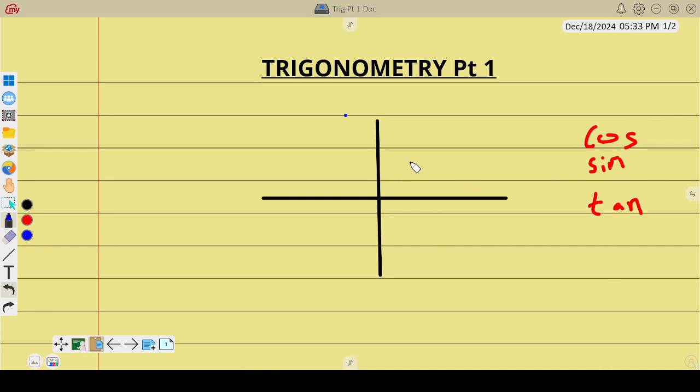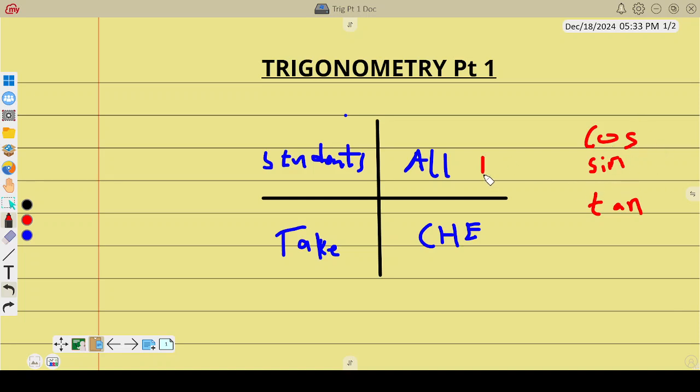So our mnemonic would be that we'll say all students take chemistry. So that's our mnemonic. So what does this mean? Here where we have A in the first quadrant, we say that all these ratios, they are positive.